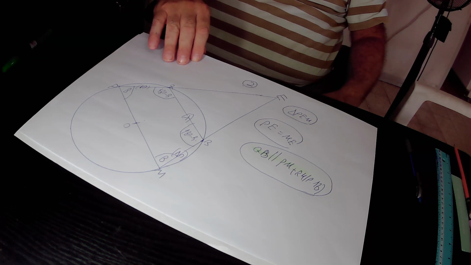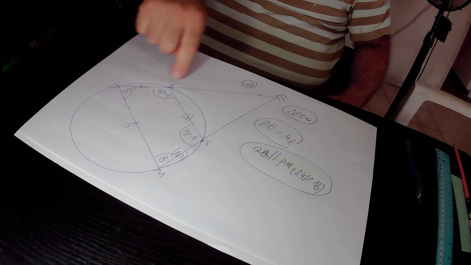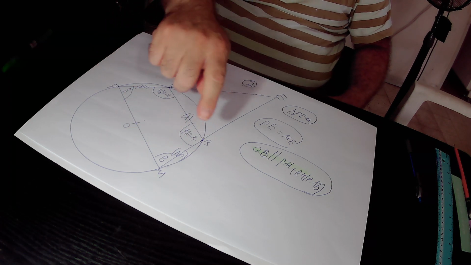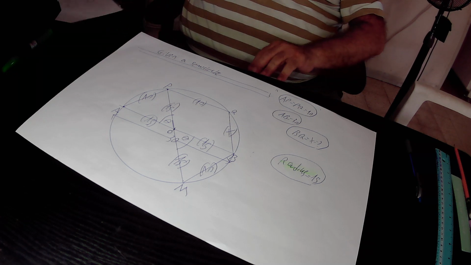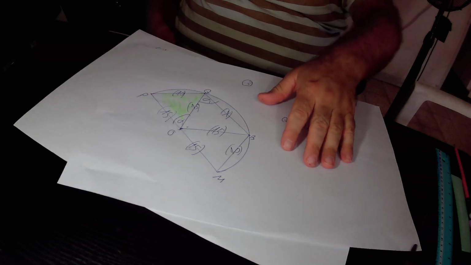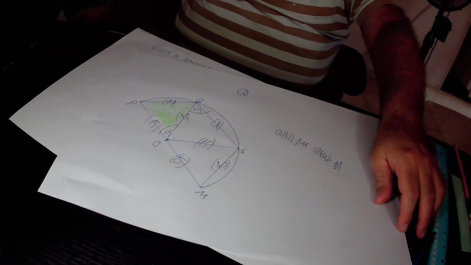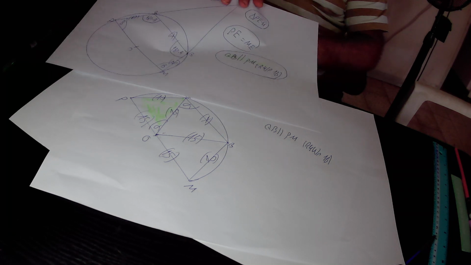In the next step, I copied this semicircle with the diameter PM, and we continue to analyze this semicircle. This is the semicircle with the diameter PM that I copied from this drawing.